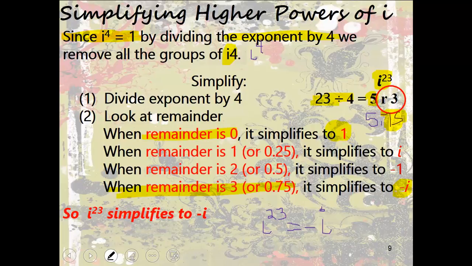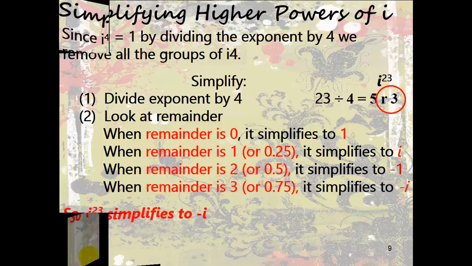That would simplify to the value of 1. If your remainder is 1 or 0.25, then your expression is going to simplify to i. And if the remainder is 2 or 0.5, then it's going to simplify to negative 1. Okay, because i squared is negative 1.